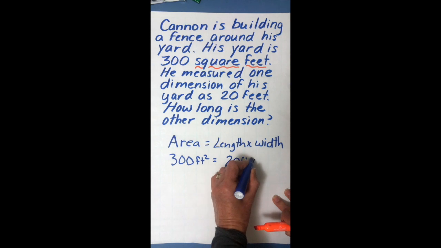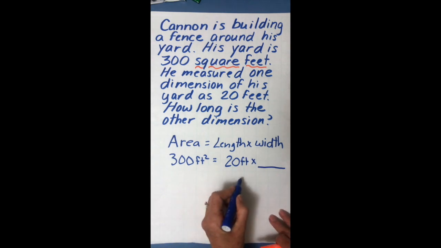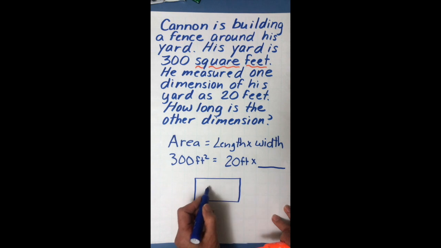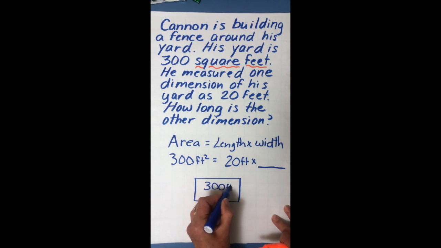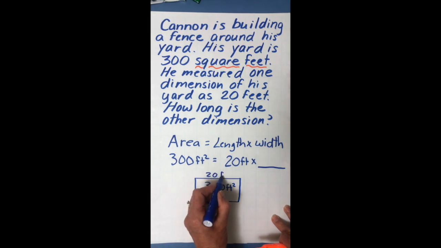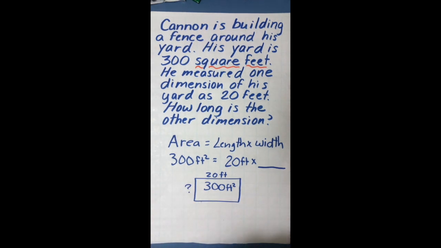But I don't have the other one, and that's what I need to find out. So if I wanted to draw a picture of this, I would know the inside of this shape would be 300 feet squared, and one of the sides would be 20 feet. I just have to find this dimension.